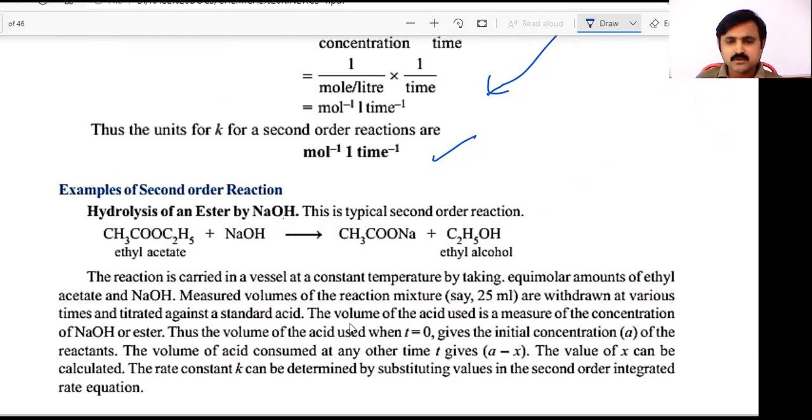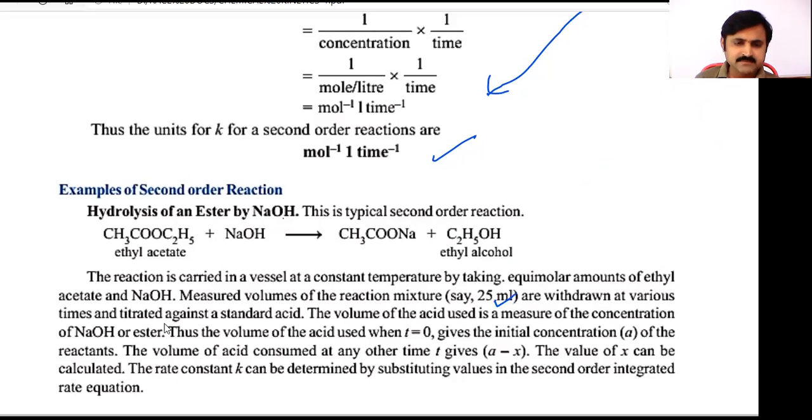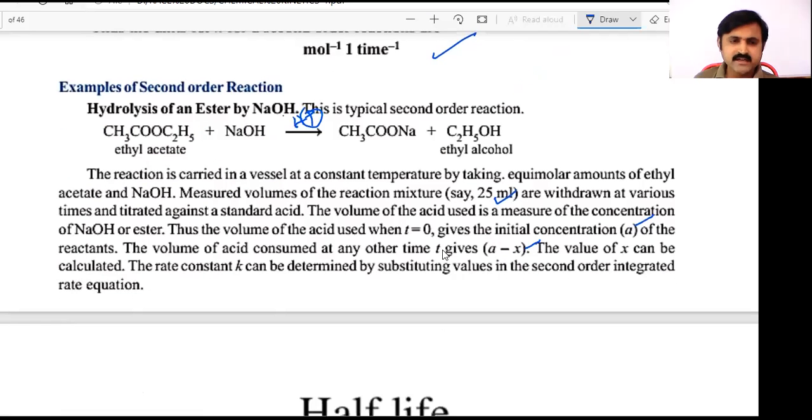Measured volumes of reaction mixture, assume 25 ml, are withdrawn at various times and titrated against the standard acid. Here, in the presence of acid the reaction happened, and it gives the concentration A minus X after time interval T, which are substituted in the integrated rate equation.